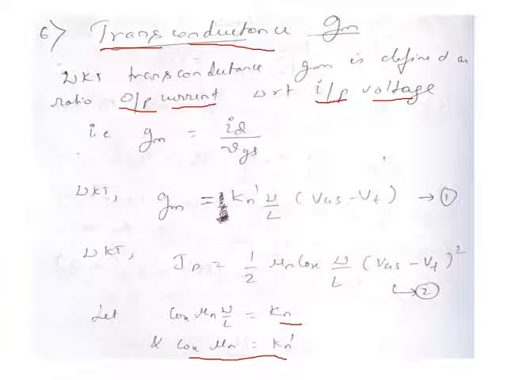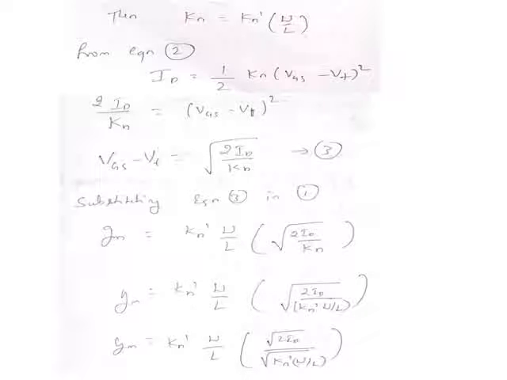So Kn is equal to Kn dash into W by L. Correct? Then how will I write the equation of ID? ID is 1 by 2 into mu n Cox into W by L, which is Kn, into Vgs minus Vt whole square.